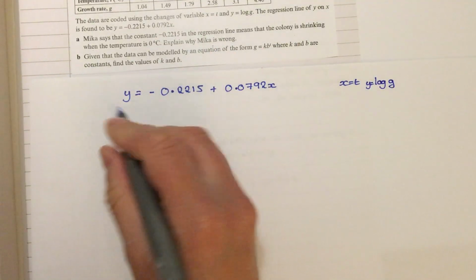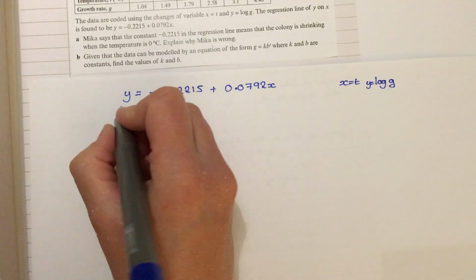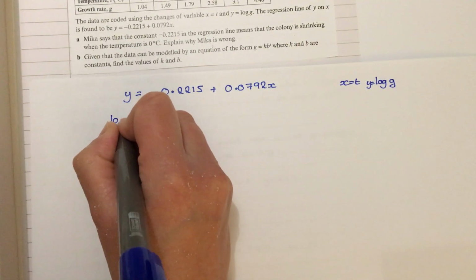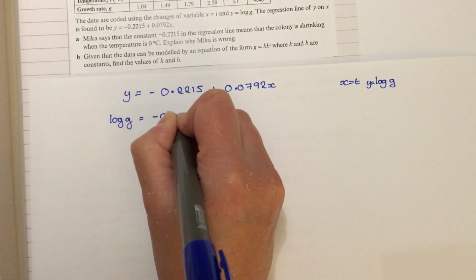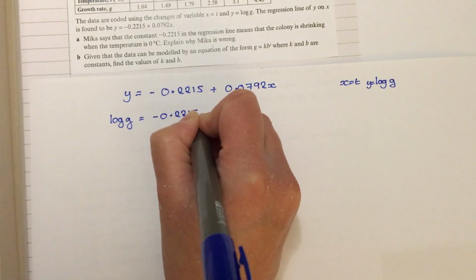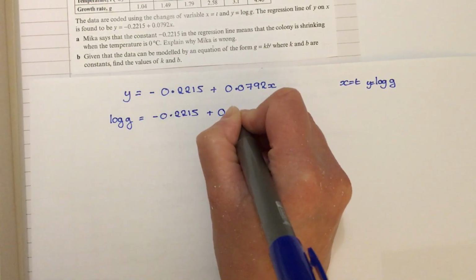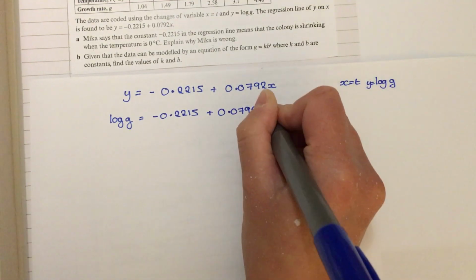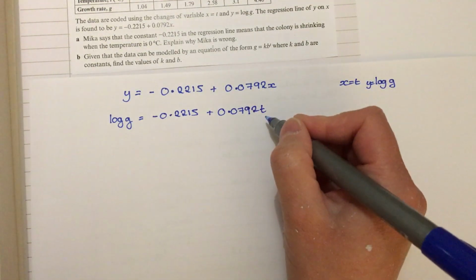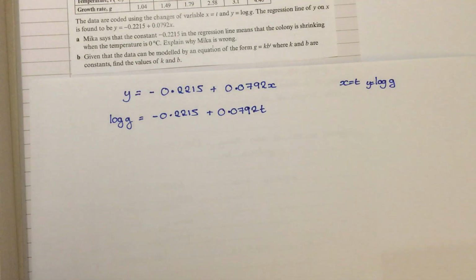So we need to put those back, because we're going to reverse the coding now. So y is log g, which equals negative 0.2215 plus 0.0792x, which is t. So we've put the original variables back into the equation and we can work on it from here.